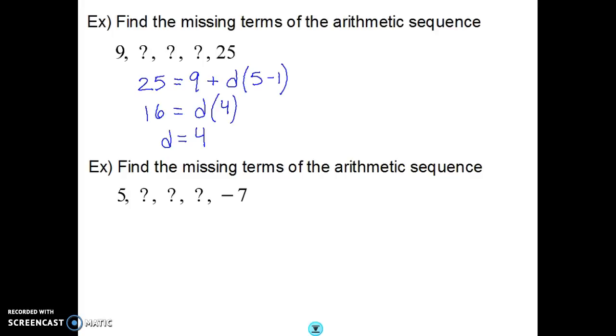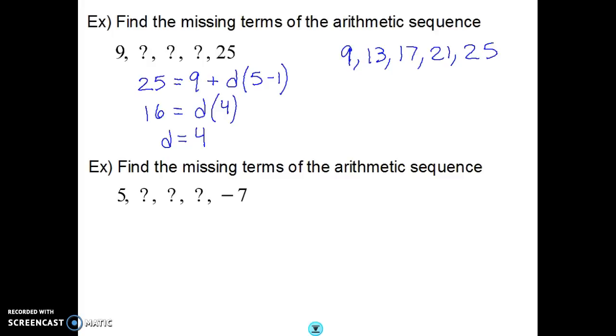Now, to find all these missing question marks here, we could go through and use our formula to find a sub 2, then a sub 3, then a sub 4, or we could just say, well, to get from 9 to the next term, I know I have to add 4. So I would go 9, then 13, 17, 21, and then there's our 25 that we already knew at the beginning.